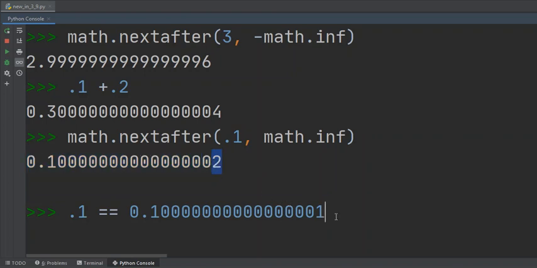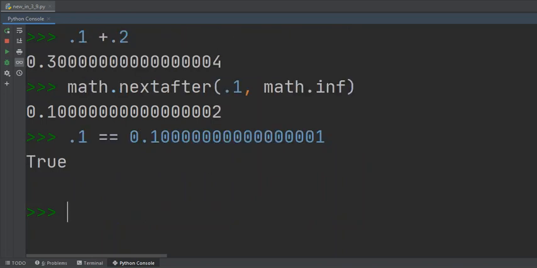So what is it? Is 0.1 going to be considered the same as this, is the question I'm asking with these two equal signs. Well, if it is, it'll say true. If it's not, it'll say false. But it's true. So as far as the computer is concerned, these two values are equivalent, and there's no difference.